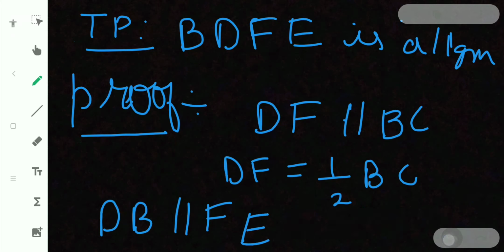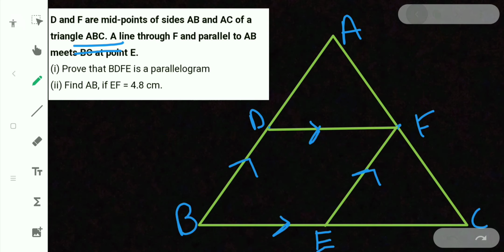I have no place to write here. You can write it there in your notebook according to the question. Now I have proved both pairs of opposite sides are parallel to each other. Or else you can also prove that as D is the midpoint of AB, AD will be equal to BD.